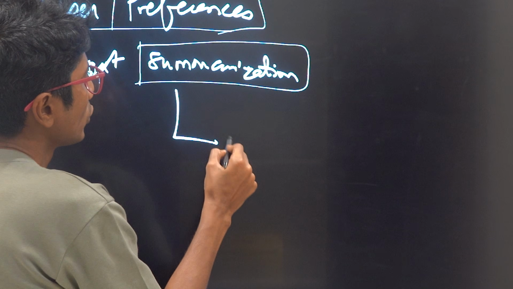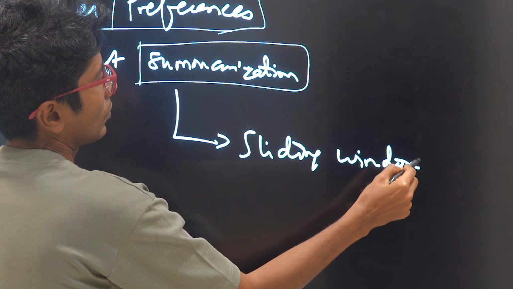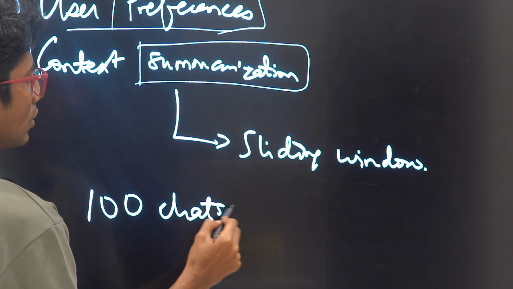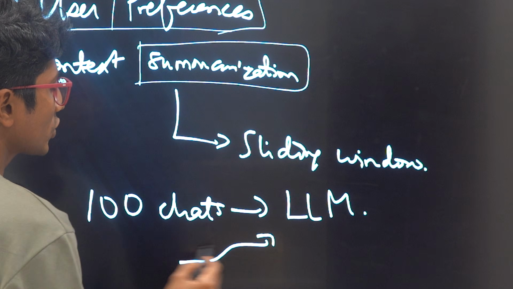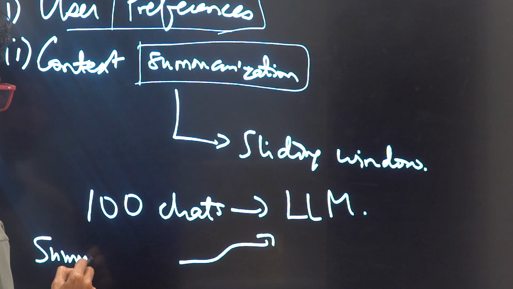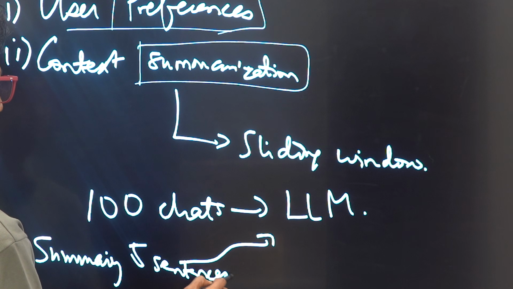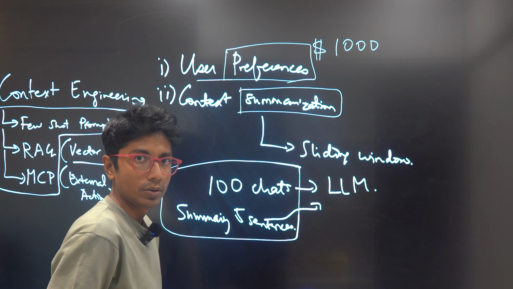For example, you might use a sliding window where the last 100 chats are sent directly to the large language model and all the previous chats are summarized into 5 sentences. This limits the maximum amount of chats that you're sending to the large language model.